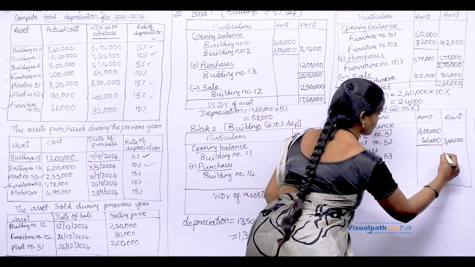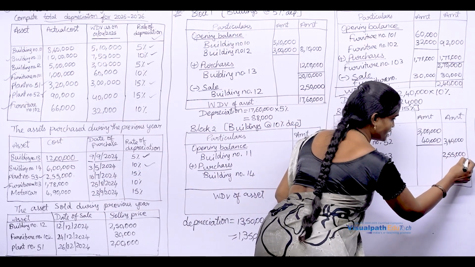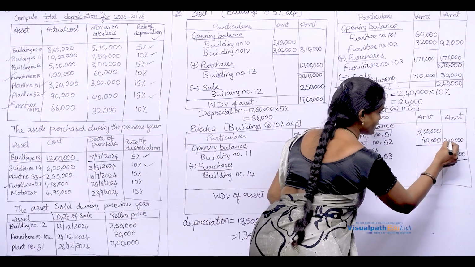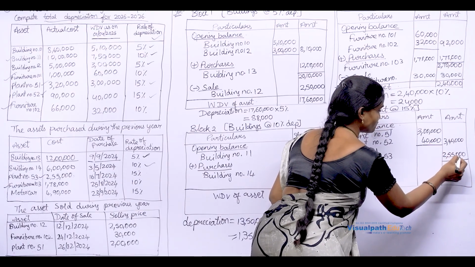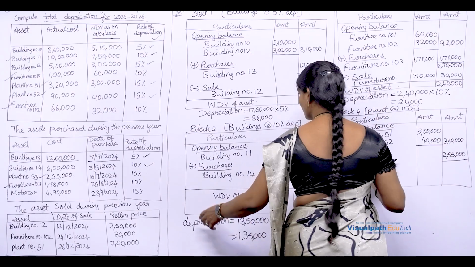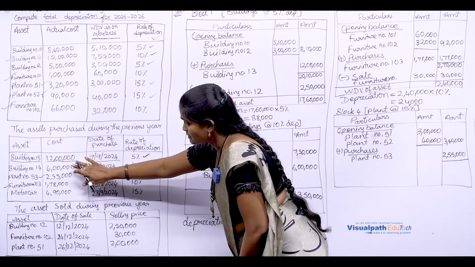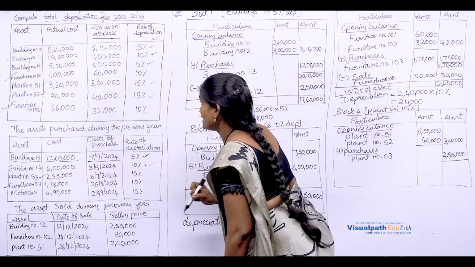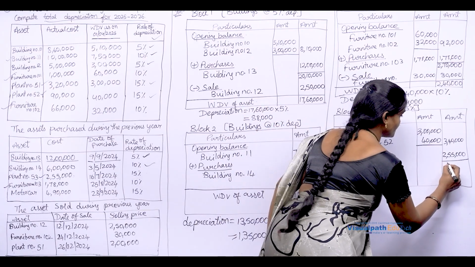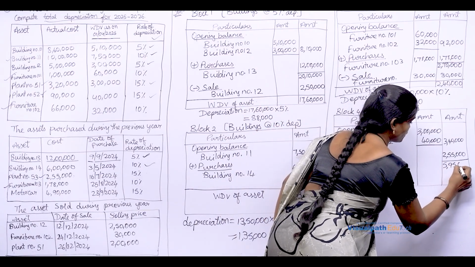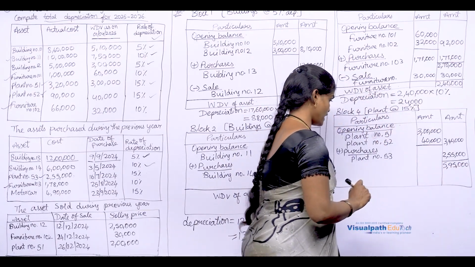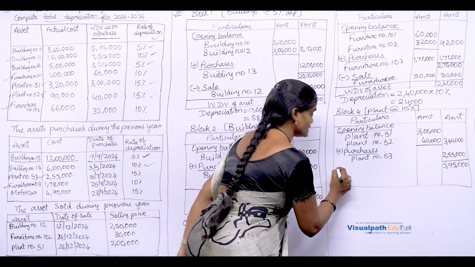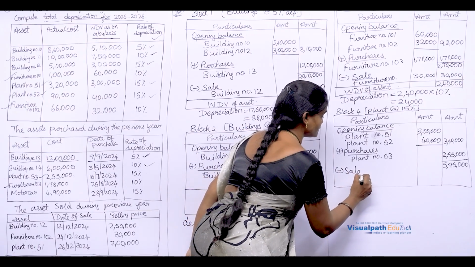If you add these two, 3,40,000 plus 2,55,000. Before adding, do you have any other purchases? You have to check it. You don't have any, so you add this value. You will get 5,95,000. Clear? After this, minus sale value.